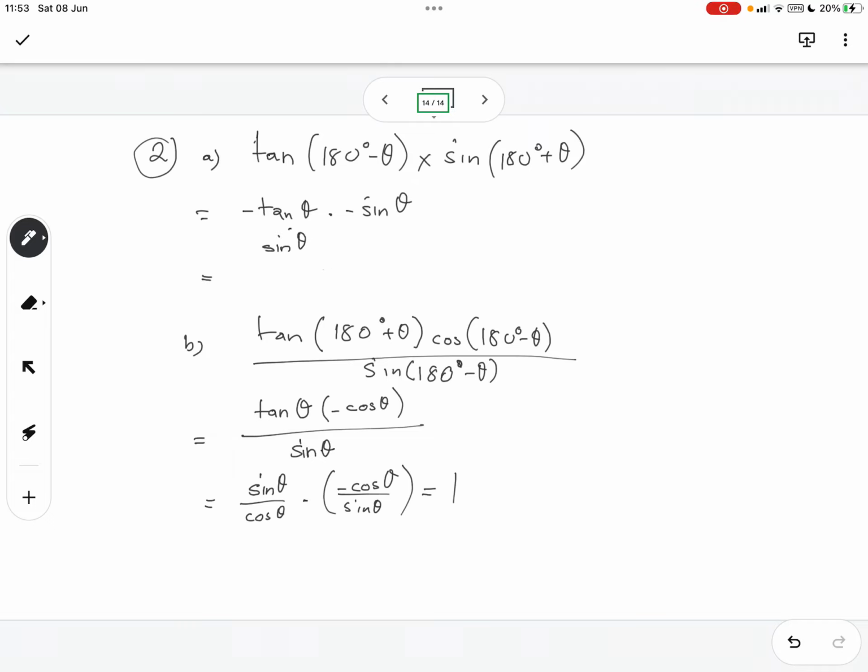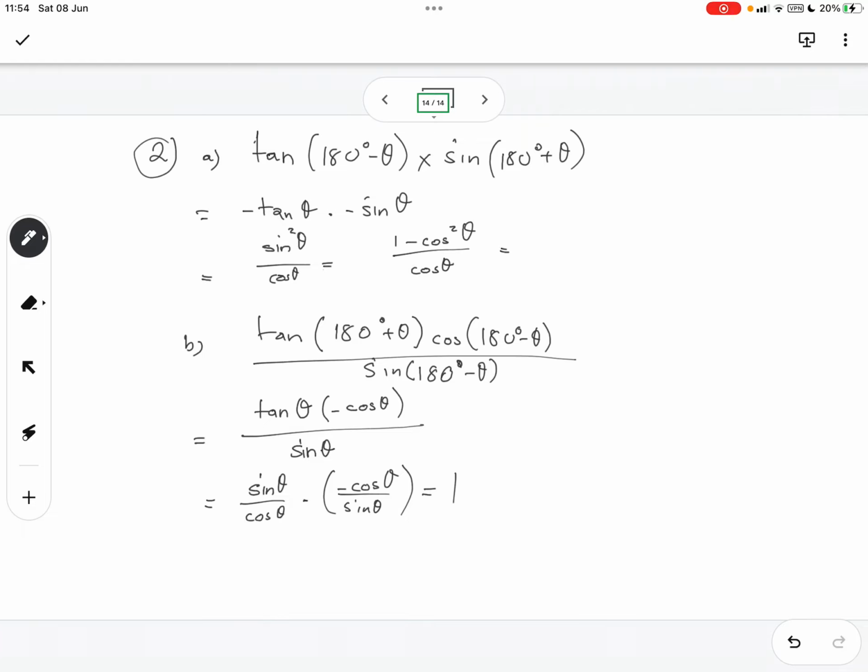Ooh, I see. Here's what we can do here, because I think I was right with co-function. Hear me out. Oh, sorry, reciprocal. So since this is going to be sine squared theta over cos theta, because tan is sine over cos, and then you're going to have sine times sine over cos.